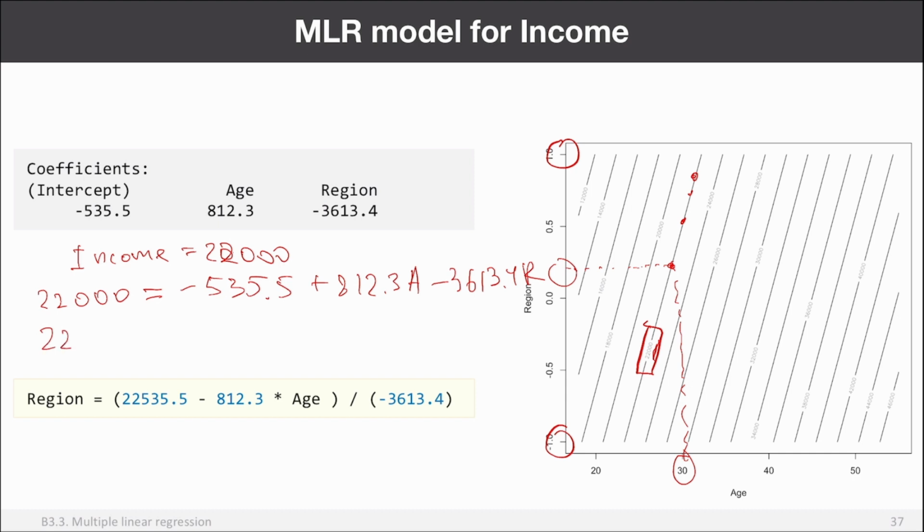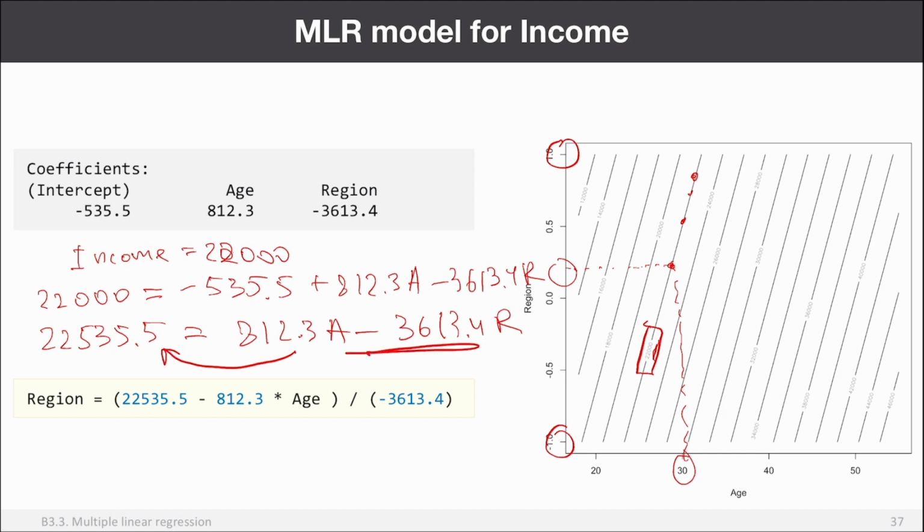So I will have 22,535.5 here equal to 812.3 age minus 3613.4 region, right? Now what I'm going to do, I will put age also here, and then I will divide by 3613.4, and that gives me how region depends on age to get exactly income 22,000, right?